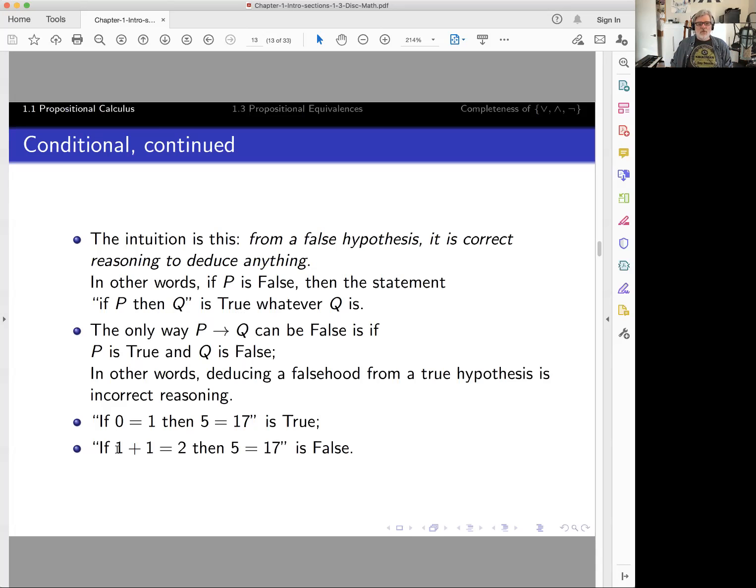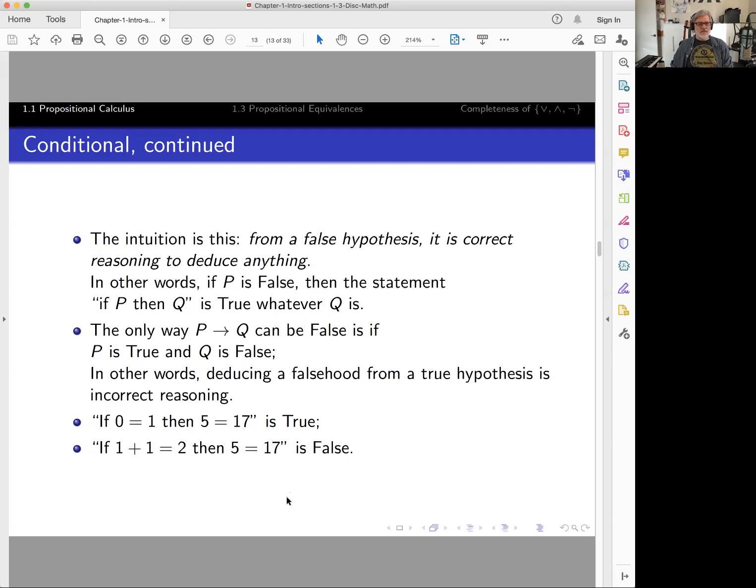So if 1 plus 1 equals 2, then 5 equals 17. This is not correct. This is a false statement. That's one way of seeing this, but I think the fundamental thing is that if you have a false hypothesis, you can conclude anything and it is correct reasoning. I think that's the best way to see it.